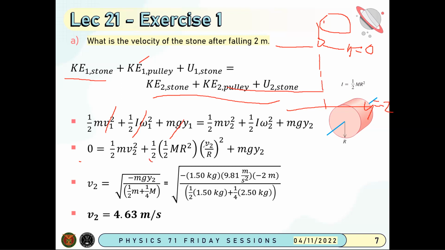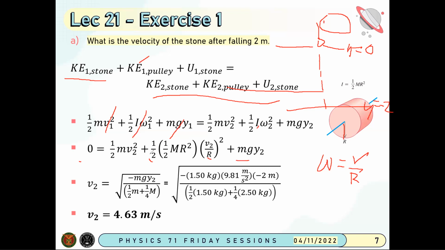So 1/2, and I, the moment of inertia for a solid cylinder, is 1/2 mr squared. And then omega, remember, is the angular velocity, which is just the linear velocity over the radius r. So omega is just v over r. So we have this now, plus the potential energy of the stone at the final state.